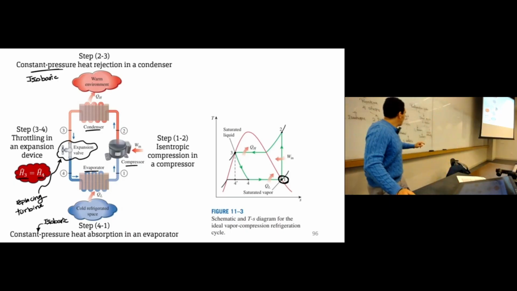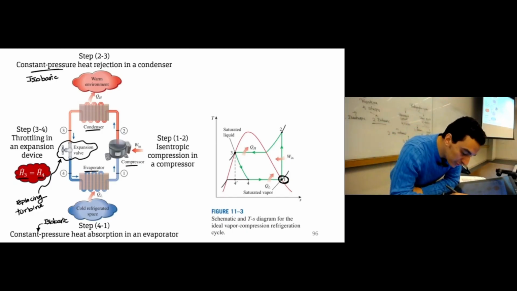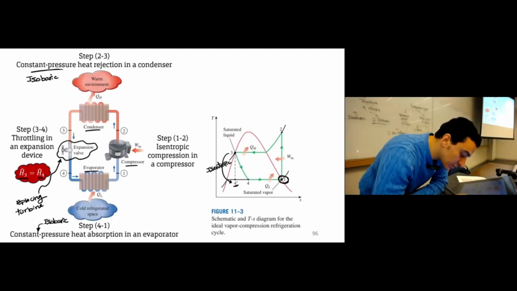If this step were isentropic, you would go from point 3 to point 4 dash. But because the throttling valve is at constant enthalpy, it looks like path 3-4.